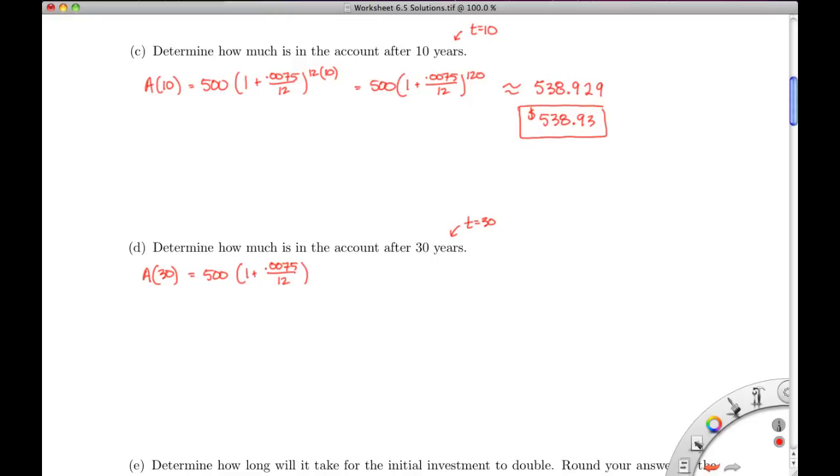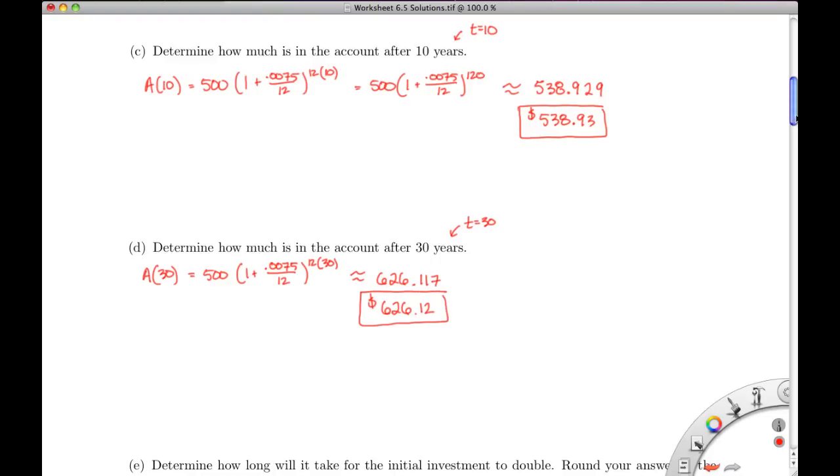And we're going to raise this to the power of 12 times 30. Now this, if we type this into our calculator, we should get 626.117, which if we round to the nearest cent, we would get 626 and 12 cents.